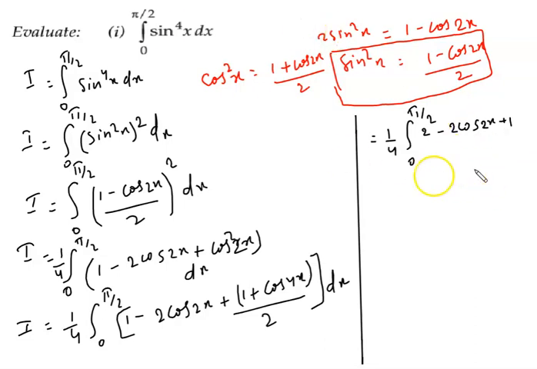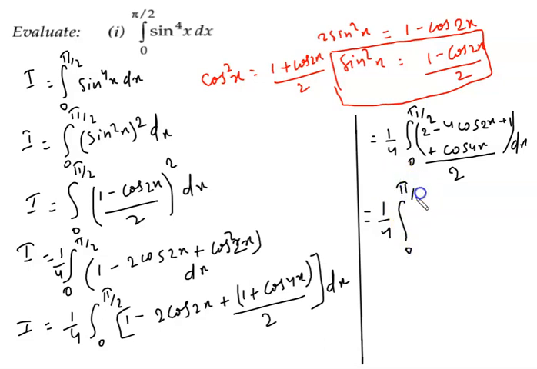The 2 in the denominator combines with the 4, so we can write 1 by 8, the limit 0 to pi by 2, of 3 minus 4 cos 2x plus cos 4x.